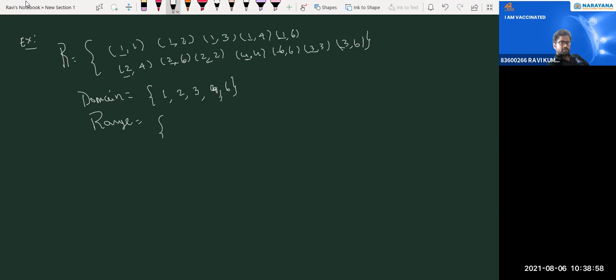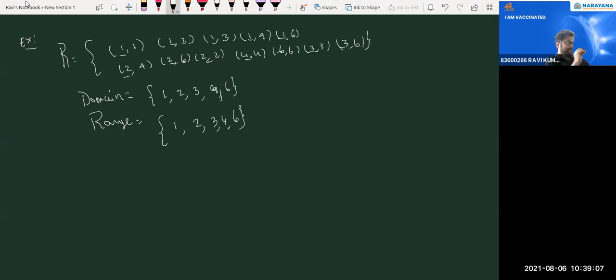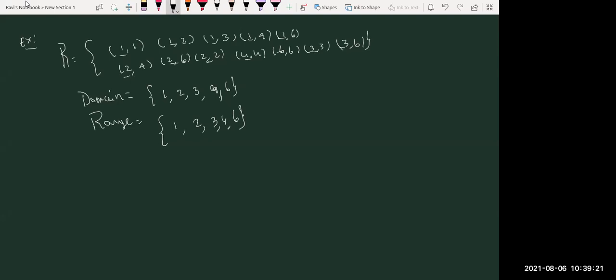Now tell me the range. 1, 2, 3, 4, 6. So domain and range both will be the same or not here? In this case, it will be the same. In some other problems it cannot be the same. Anyone has a doubt now? No, sir.